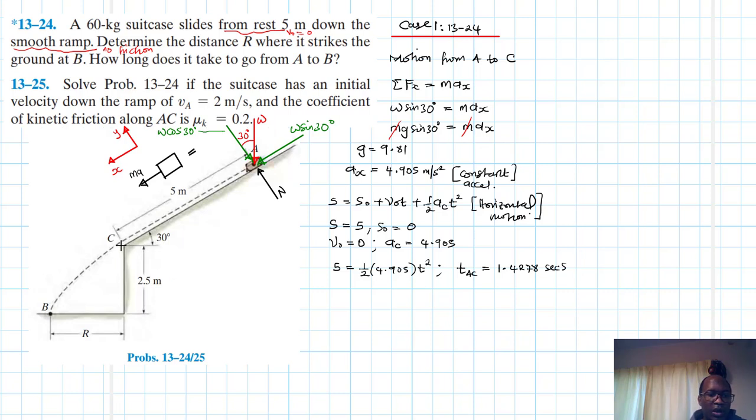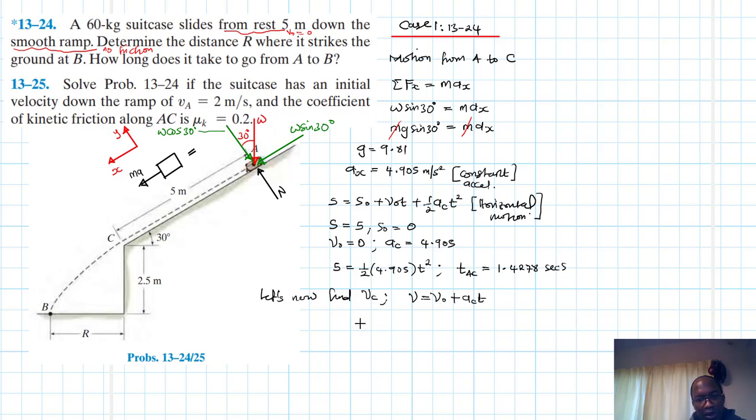So let's work out now from C to B, but we are going to have some velocity. Let's now find VC. Acceleration is constant, so we can use this equation: v equals v naught plus a t. We want to find VC.